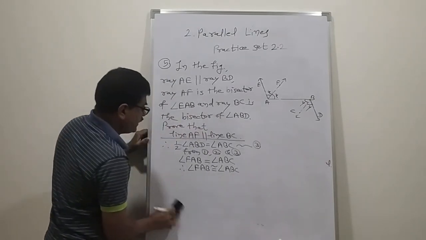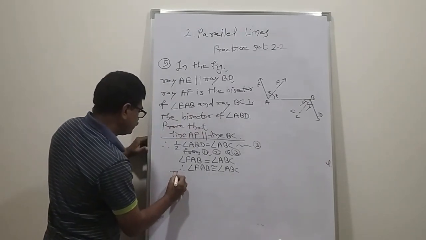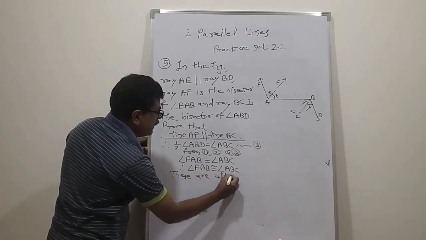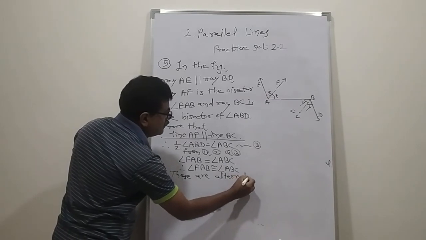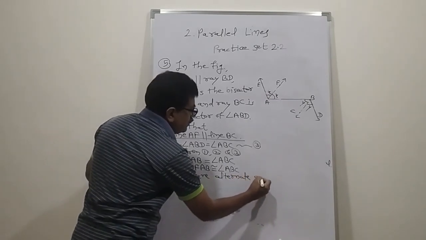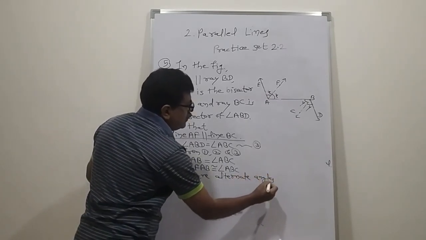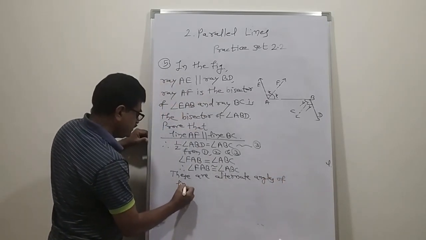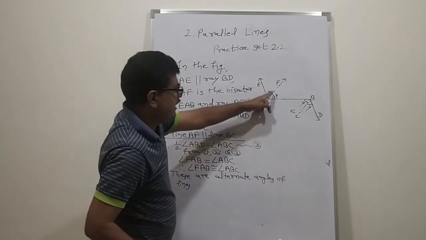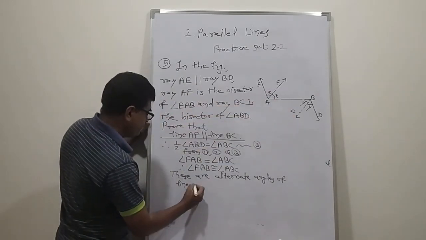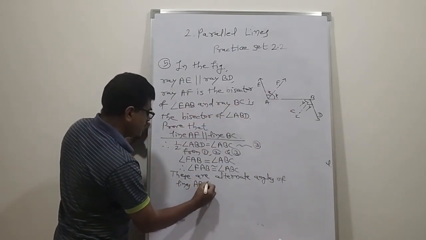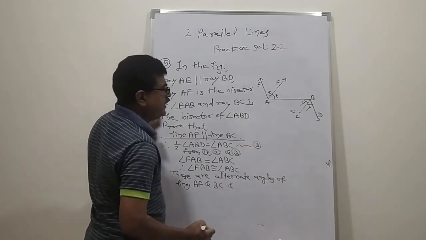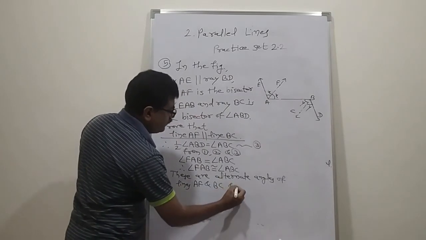These are alternate angles of lines AF and BC, and their transversal is AB.